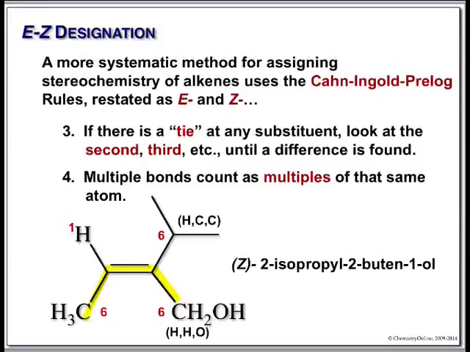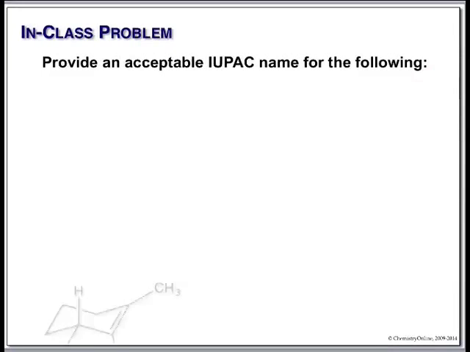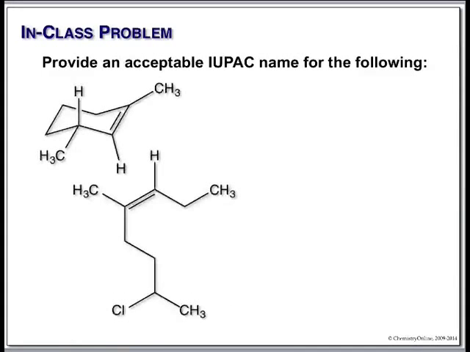That has a double bond and an alcohol, butene-ol, and an isopropyl group here in carbon 2. But we don't know how to do that yet. But we do know how to do these guys. So quickly, jot down IUPAC names for these simple alkenes.